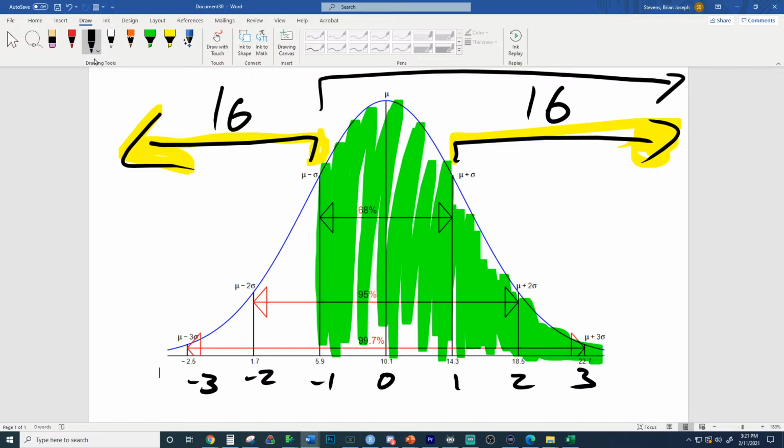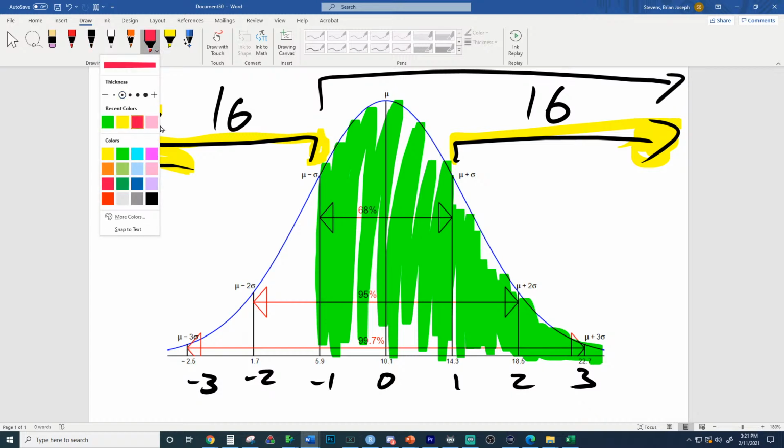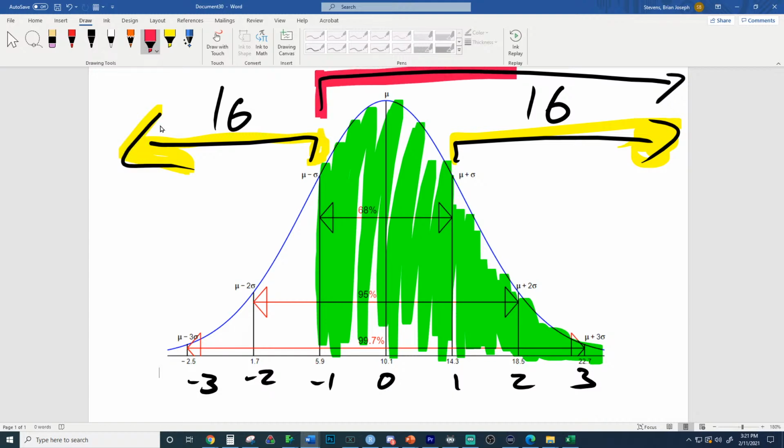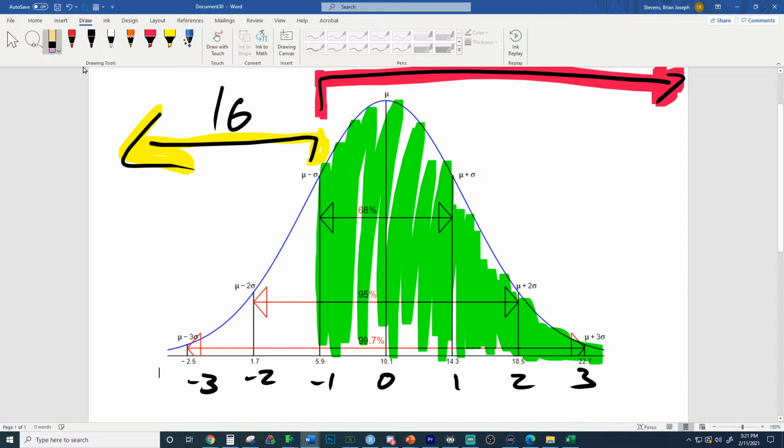Probably the easiest thing to do is to realize if 16% is below here, then what would be total above? It has to add up to 100 again. 16% is below.